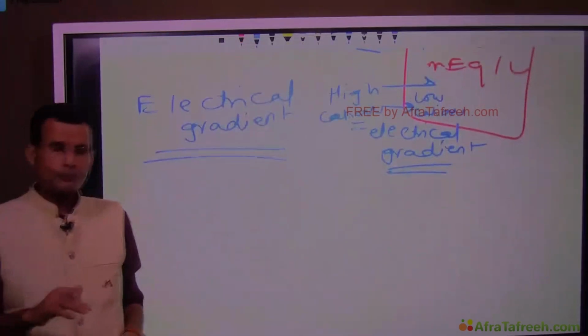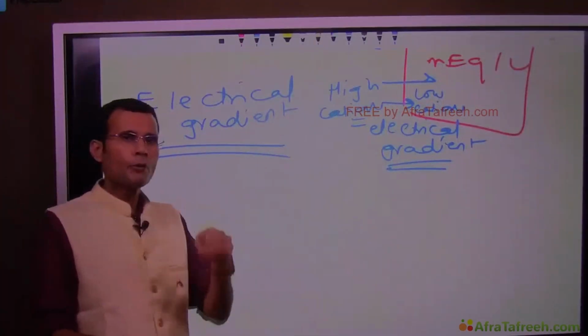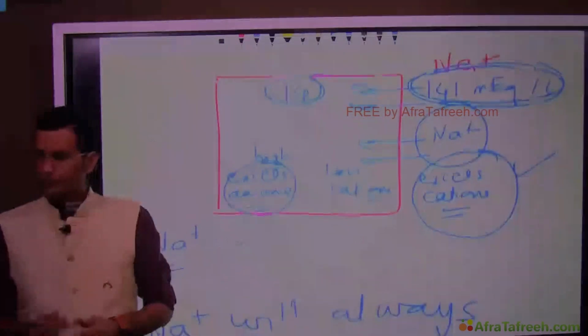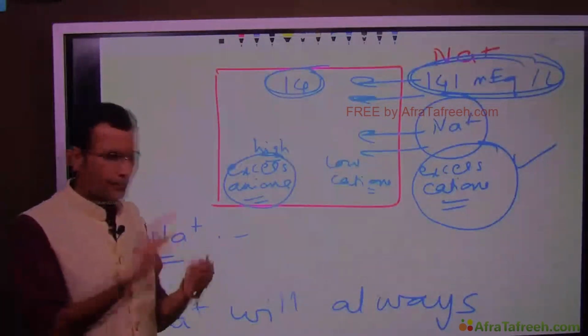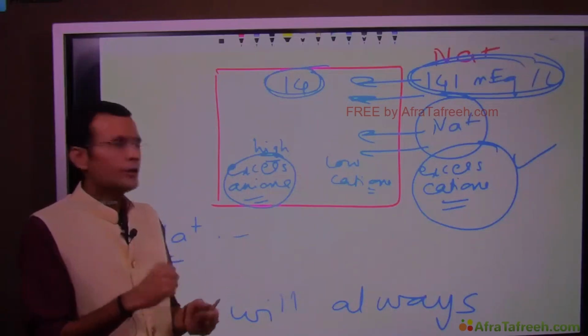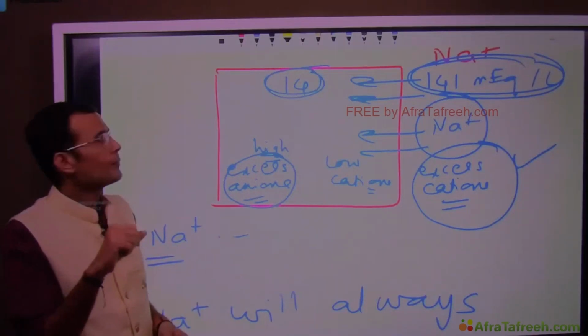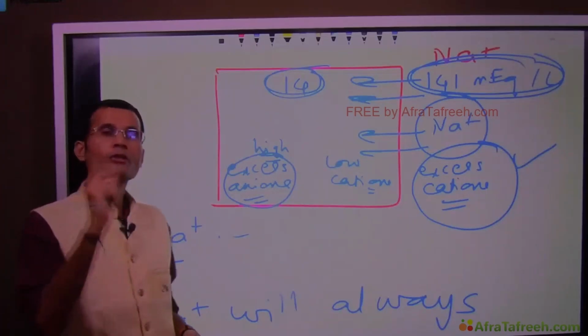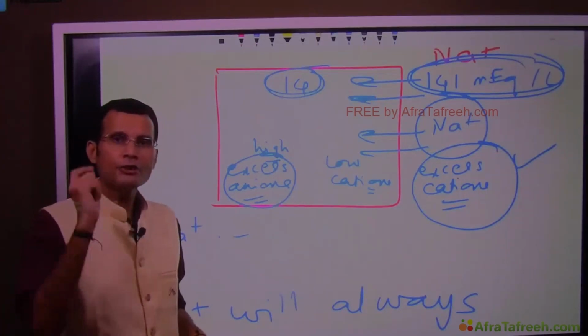So in summary, I want to just re-emphasize 2 points again. One is, this is just a repetition again, but let's keep this consolidated. First point, when you think of concentration gradient, you are talking about the concentrations of that individual ion.